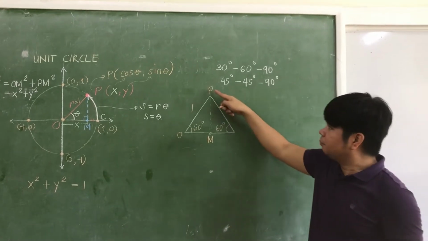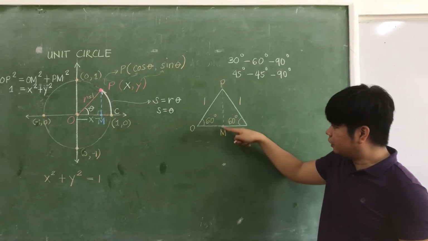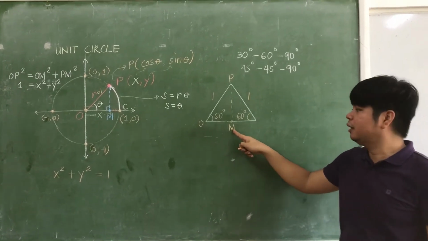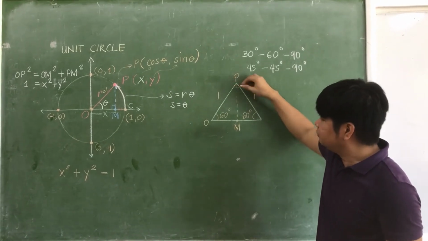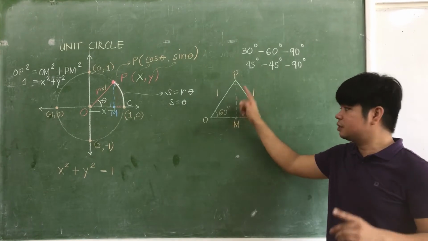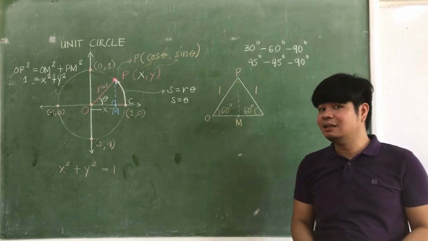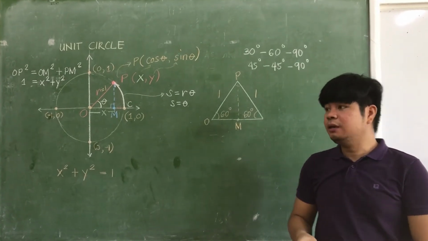Now point P connecting to point M gives what we call a perpendicular bisector. So if this is 60 degrees also, because 60 plus 60 plus 60 gives us 180, the sum of the interior angles of a triangle.